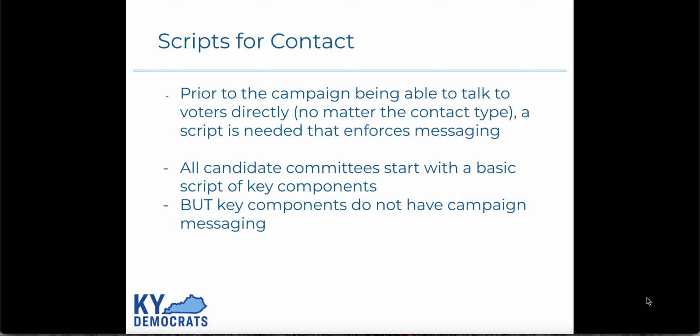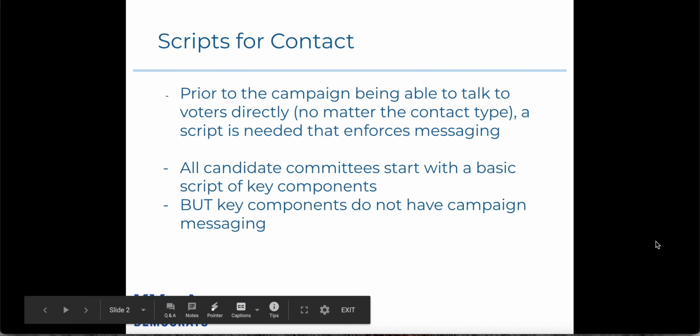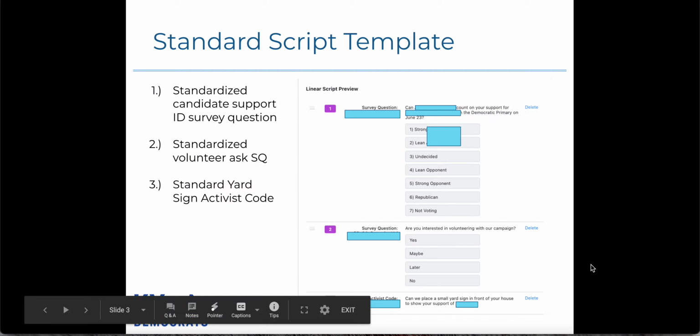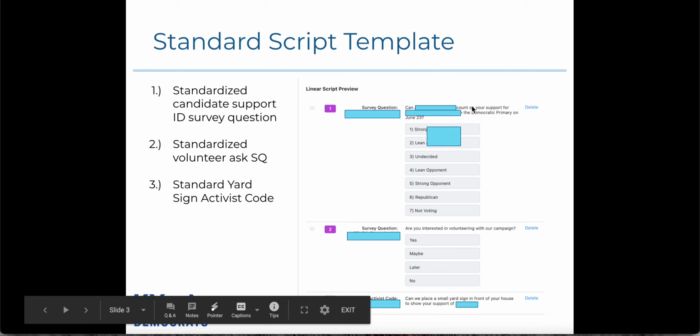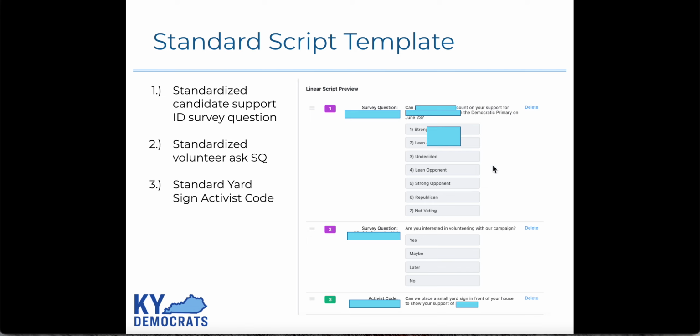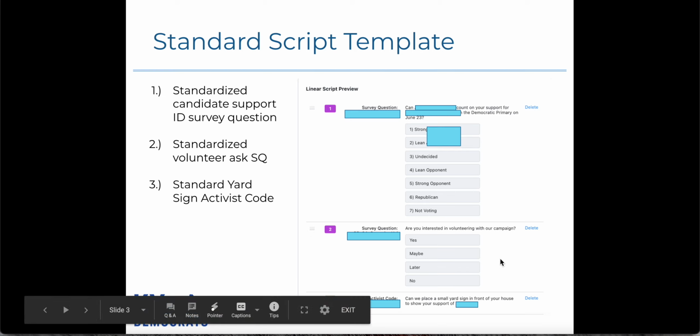When it comes to the scripts that I create here, whenever we set up committees and get folks up and running in cycle, I'm just including the bare basic components. It doesn't have campaign messaging. So the standard script template is going to be your standardized candidate support question, the 1 through 5 with the 6 and the 7 question, as the very first question, followed by a volunteer ask and a yard sign ask.